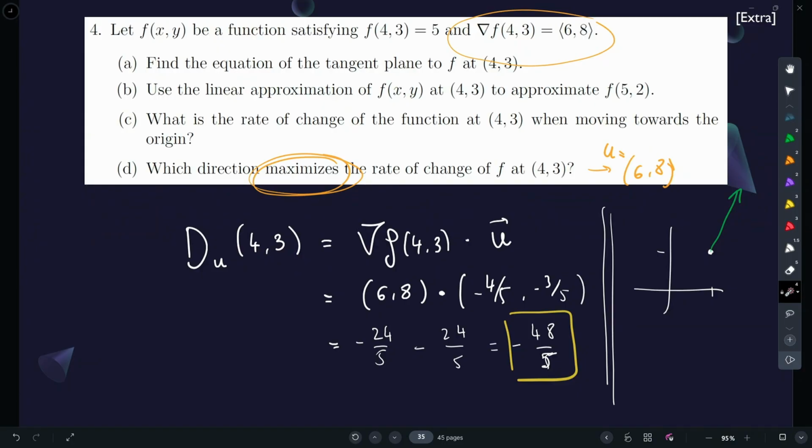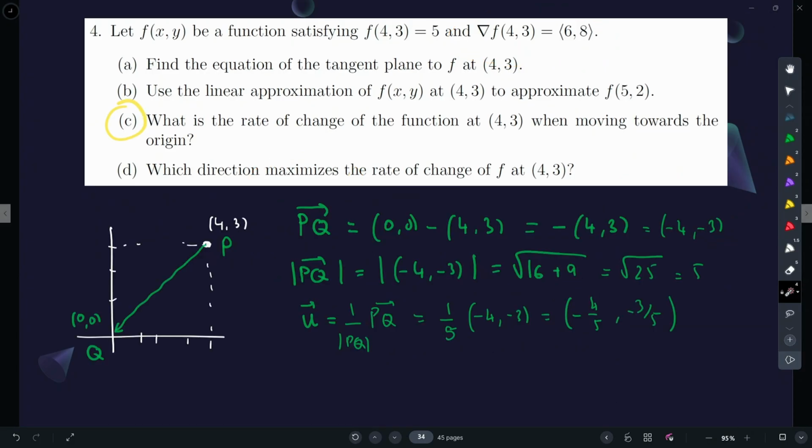And third, we can describe directions in many ways. In this case, I described the direction in a roundabout way: from here in the direction of (0, 0). In a real life problem, it could be: if I go in a straight line to Boston, what happens to the height in that direction? So it can be from (4, 3) to (1, 1).